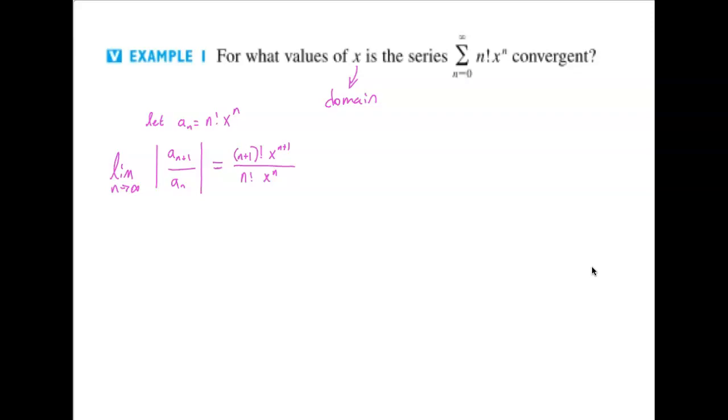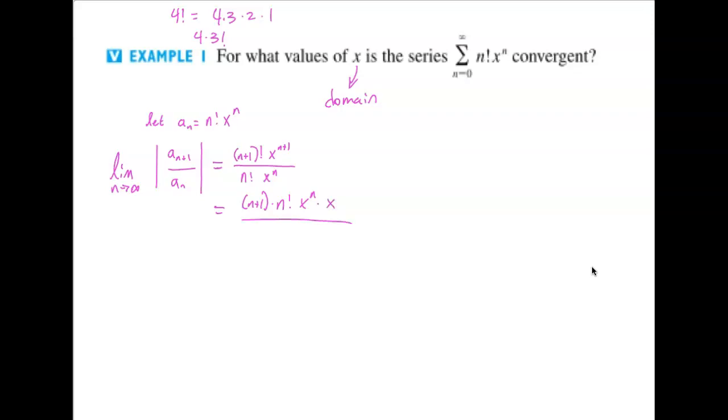Do you remember the trick to get rid of the factorials? Remember that 4 factorial is 4 times 3 times 2 times 1, but it's also 4 times 3 factorial, right? So n plus 1 factorial is n plus 1 times n factorial. And I can rewrite x to the n plus 1 as x to the n times x.